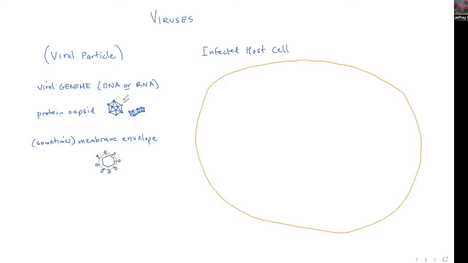And these protein, sometimes we call them spikes, are important because they help the viral particle get into and uncoat inside of the host cell, right?